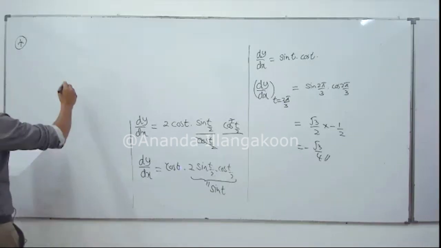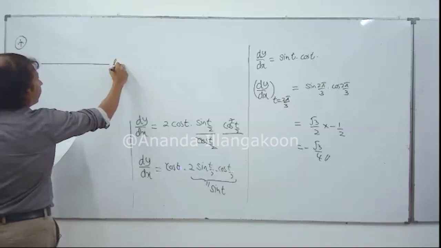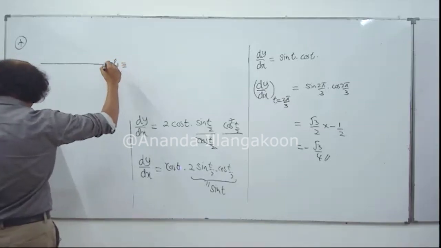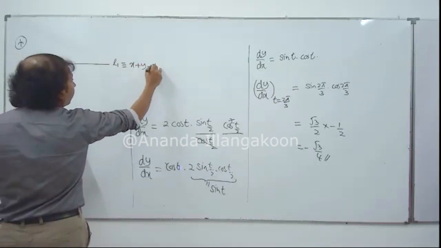Suppose this is line L1 with the equation x plus y minus 5 equals 0.